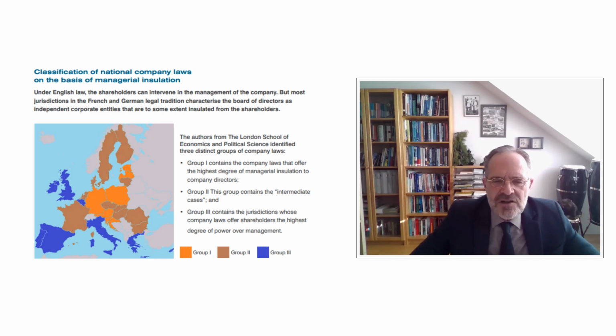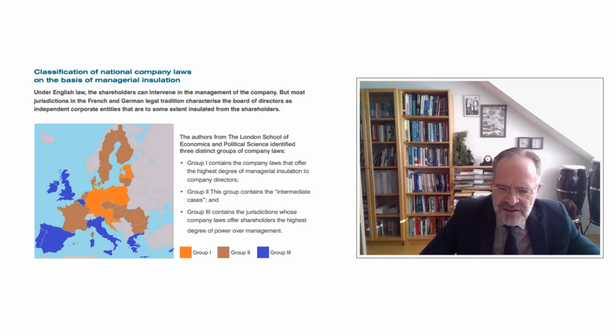We with the Netherlands are in the middle with, for example, France and Scandinavian countries. And group 3 assigns far more power. How that is done in detail, we don't know. We would have to look into the specific corporate laws of those blue countries, but apparently in the blue countries, the shareholders have a bigger say on what the management of a company is doing or should be doing.